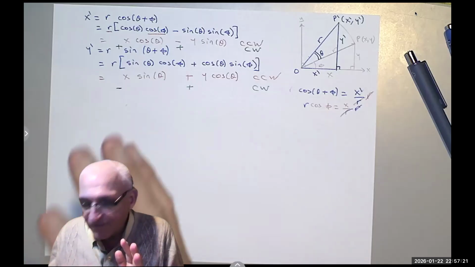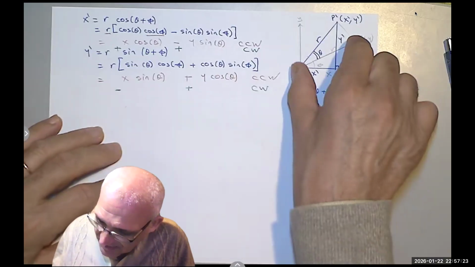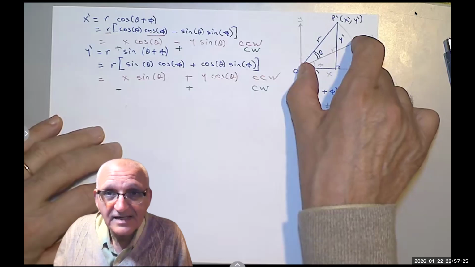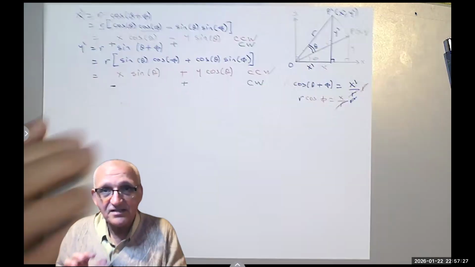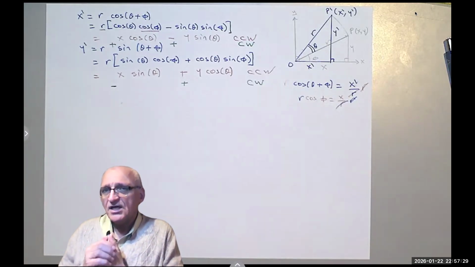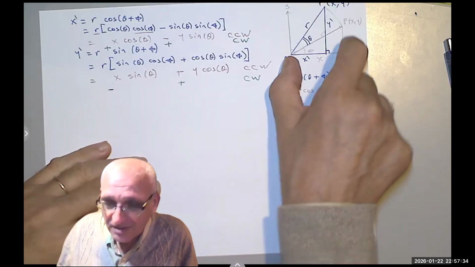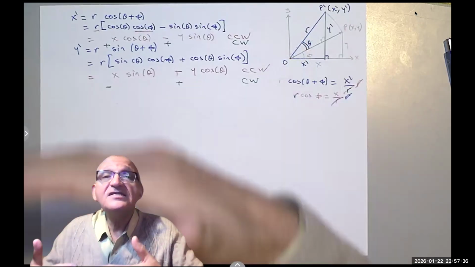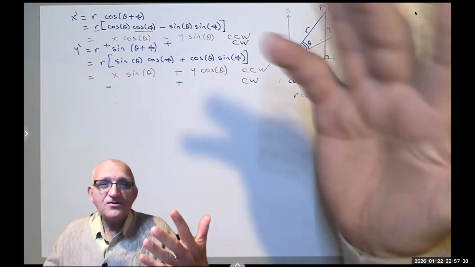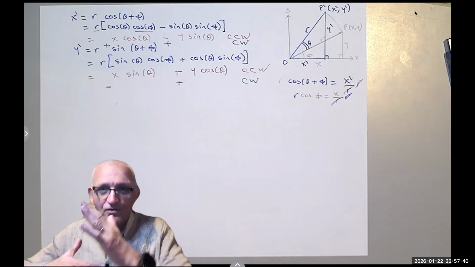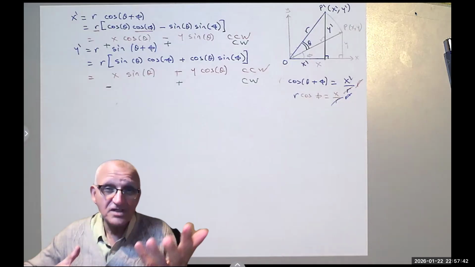Don't get yourself confused. Think about having a line that you rotate counterclockwise in the first quadrant. What happens to the x? The x gets shorter and shorter. Why? Because the x is basically the cosine. The cosine is the x over the hypotenuse, right? And the cosine of 0 is 1.